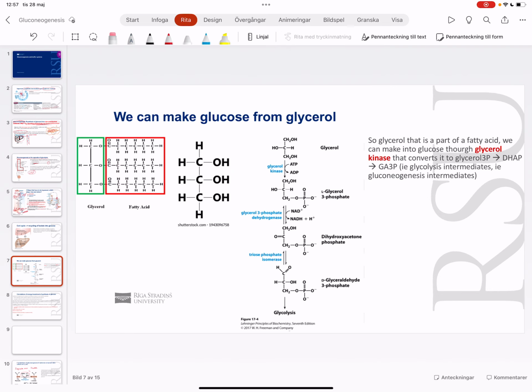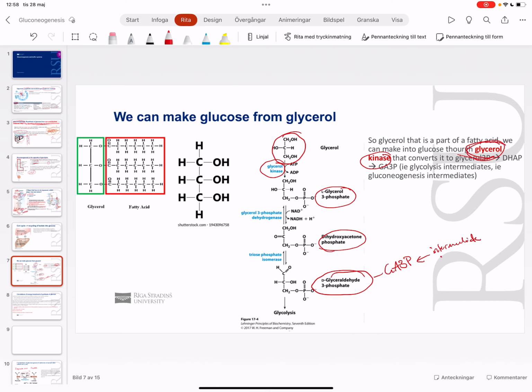And this is an intermediate of glycolysis. So glycerol basically can go to this molecule right here and then enter the glycolysis pathway, but then it wouldn't continue to do glycolysis, but it would do the opposite. It would do gluconeogenesis, and that's how we can make glucose from glycerol.